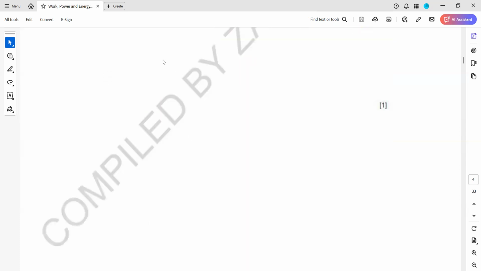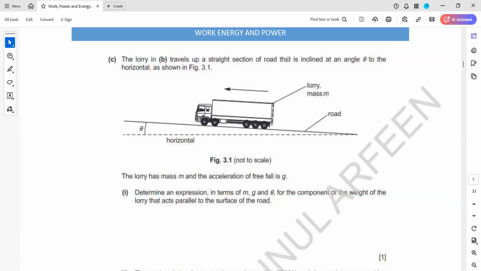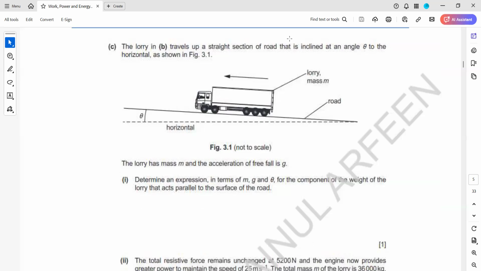The next is: a lorry travels on a straight section of a road that is inclined at an angle theta. The lorry has a mass m and the acceleration due to gravity is g. Determine the expression, in terms of m, g, and theta, for the component of the weight which is parallel to the road. On an inclined surface, remember, whenever an object is on an inclined surface, two components are there.